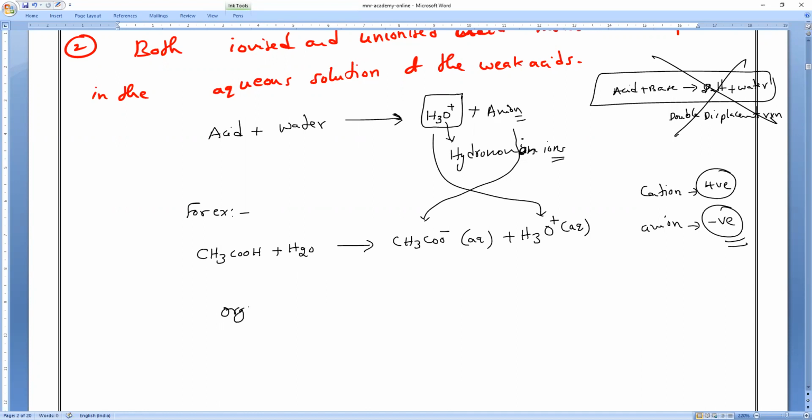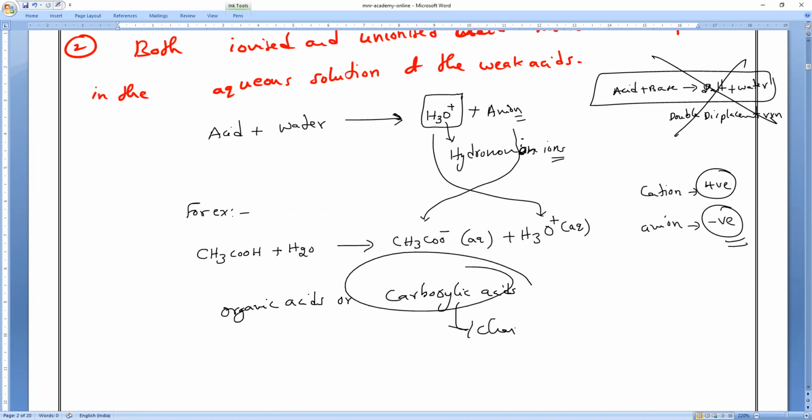In chapter 4, carbon and its compounds, we will learn about carboxylic acids, a very important concept, functional groups. Organic acids or carboxylic acids are examples of weak acids.